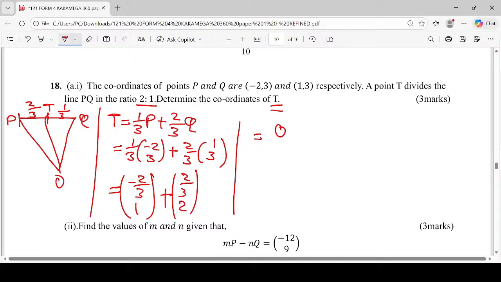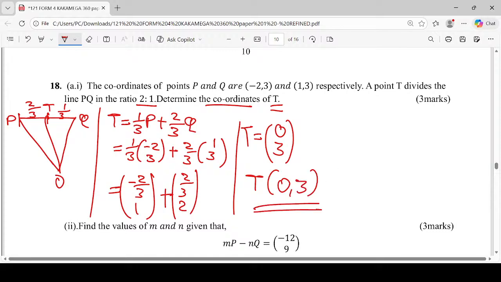So 1 plus 2, that will be 3. So T is 0, 3, but now because they want it in coordinate form, the coordinate of T is (0, 3). That's how you get the 3 marks there.